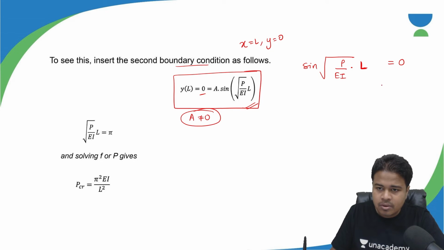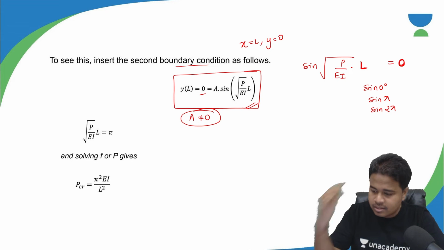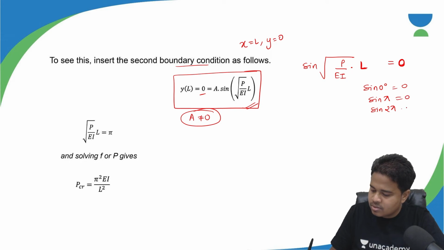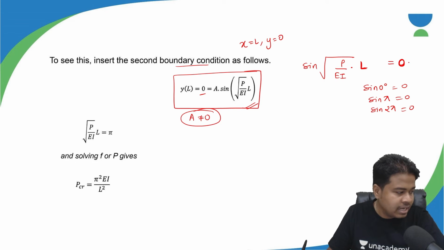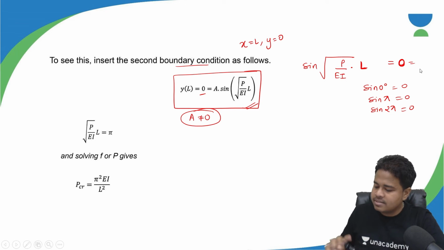Now, where does the 0 value exist in sine? Sine 0 degree, sine pi, sine 2 pi, all these are 0. So I can put sine 0 here, but that is not worthy. Then I will put sine pi here.